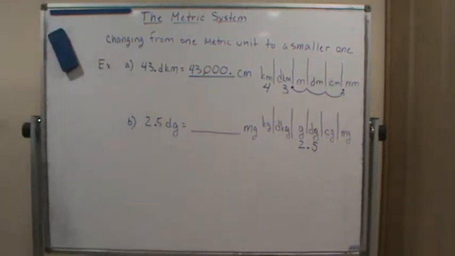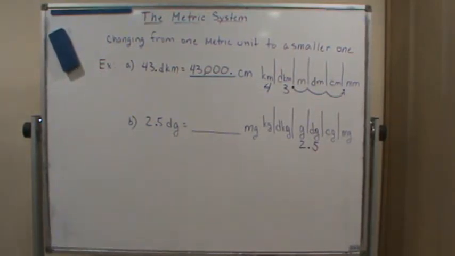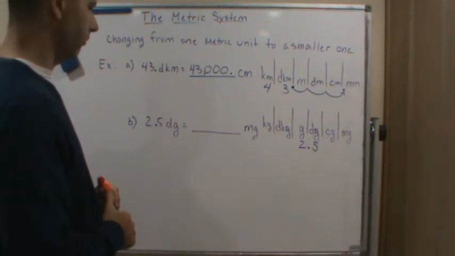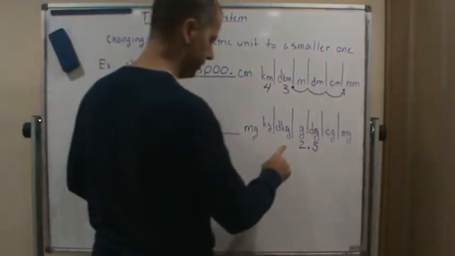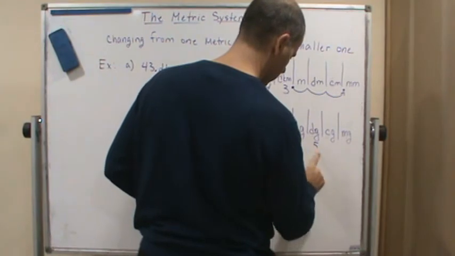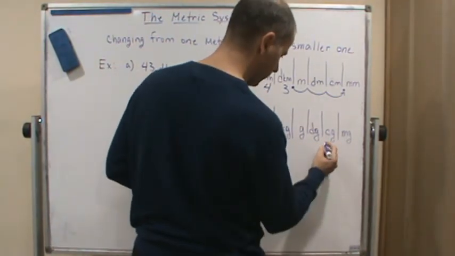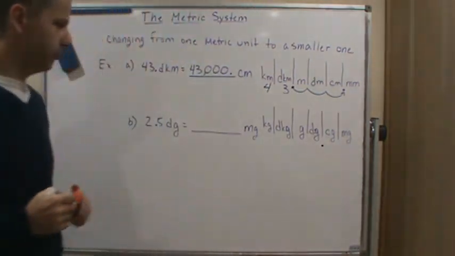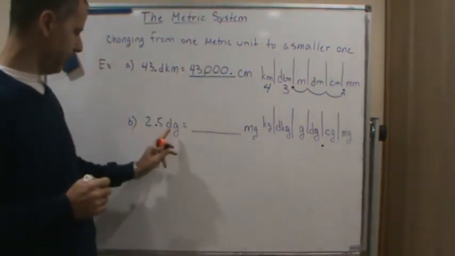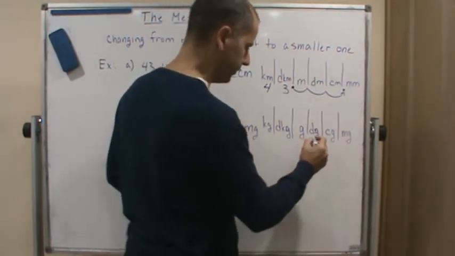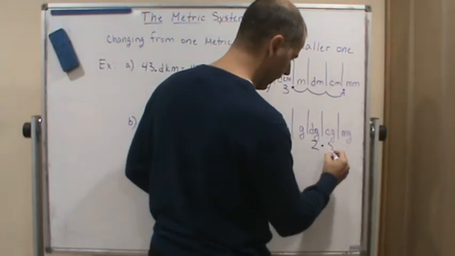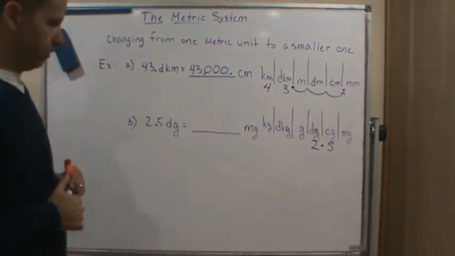Hold on, I got this metric, not grams. We're talking about decigrams, so it has to be here. So the decimal point is in the decigram place, since we're talking about 2.5 decigrams.